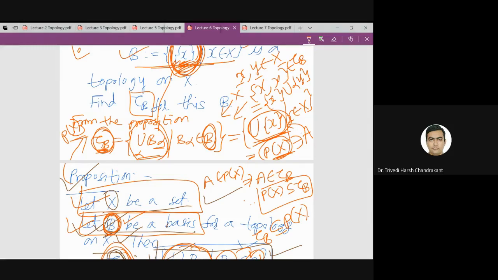So for the discrete topology, we already know that singletons are the basis sets, right? So singletons are a basis for the discrete topology. Other bases I cannot remember now. Maybe we will see them in the upcoming lectures if there is any.